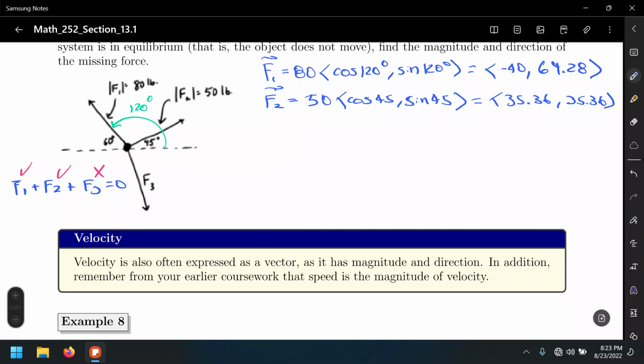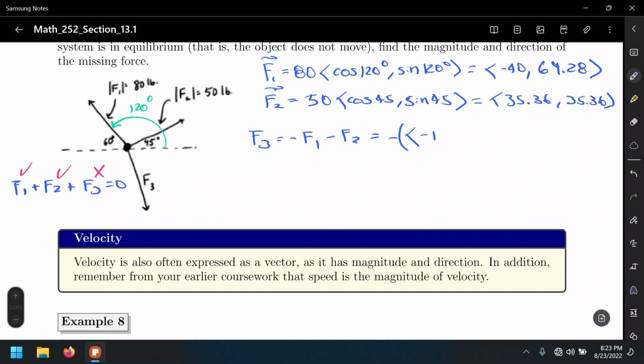Okay, so we have the two forces. And if you think about this, it's just like a very simple first degree equation from algebra, you know. So we can solve for the unknown. F3 will be minus F2 minus F1, or we can factor out the negative. And let me keep the positive here.